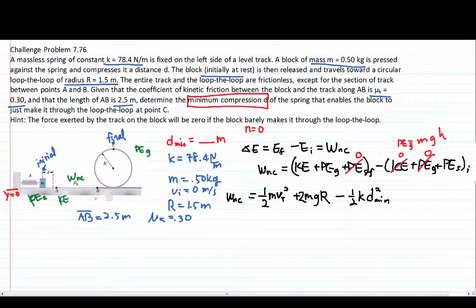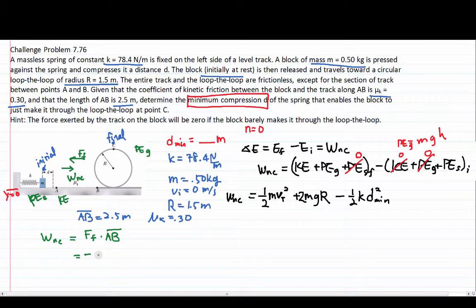Now I can write the non-conservative energy in more refined form. We're going to have a force of friction times the distance AB. Our motion is toward this way, but the frictional force is the opposite.